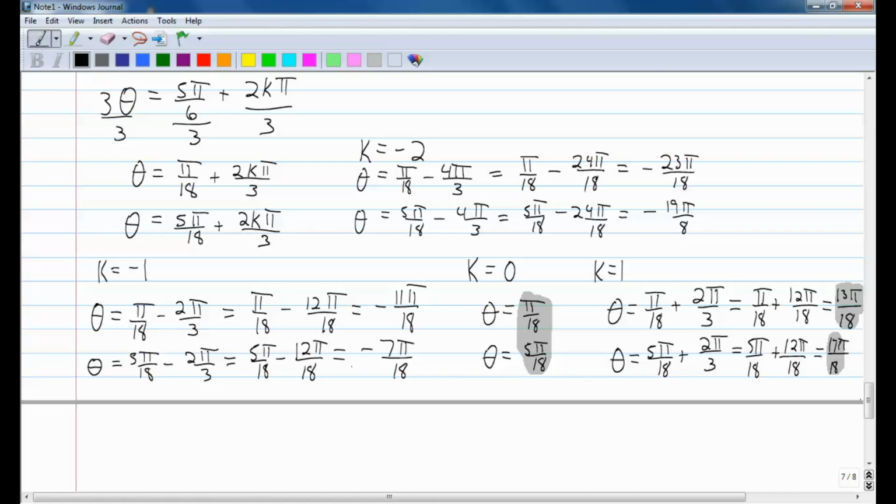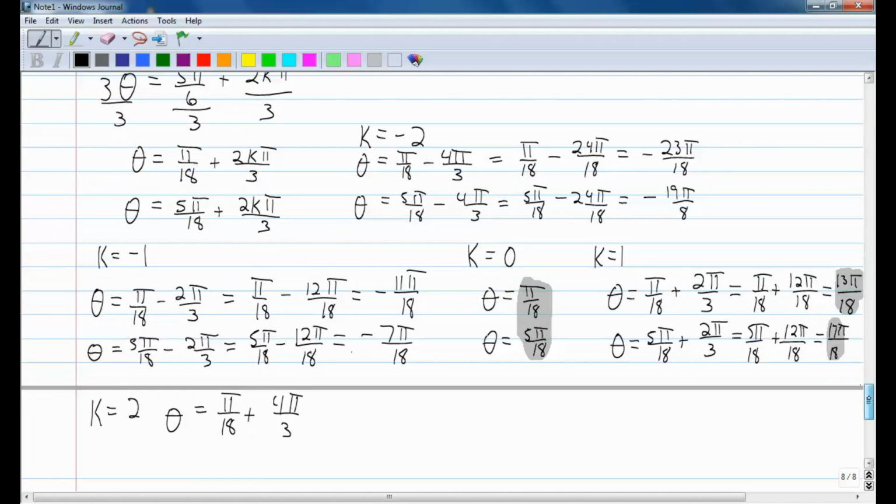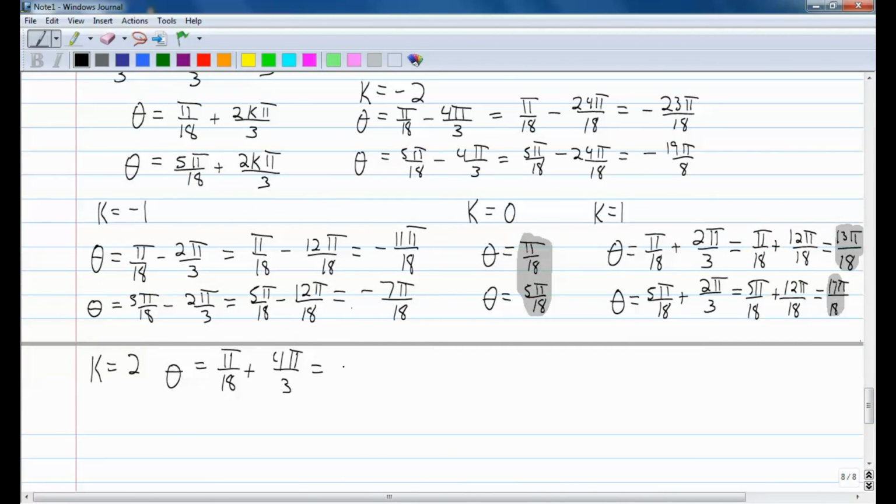Now let k equal 2. Alright, so I'm going to have pi over 18 plus, if k is 2, that's going to be plus 4 pi over 3. Alright, so get a common denominator.